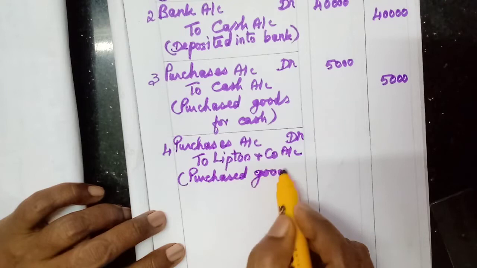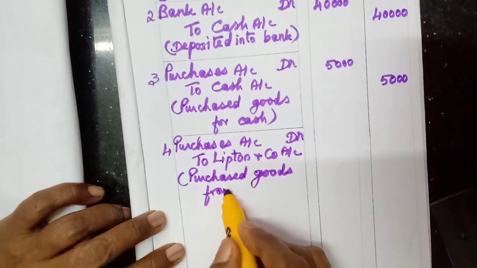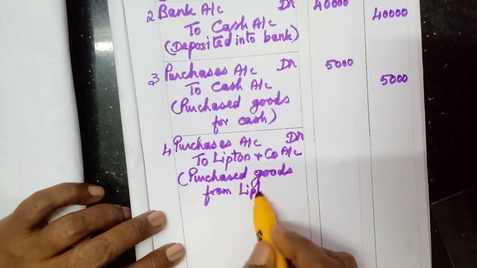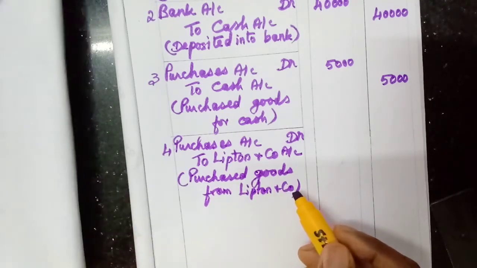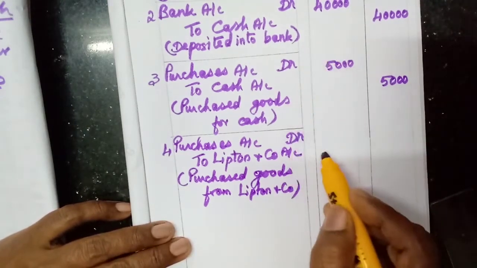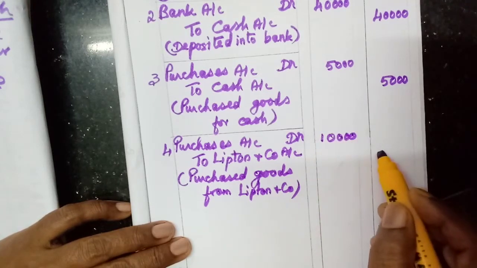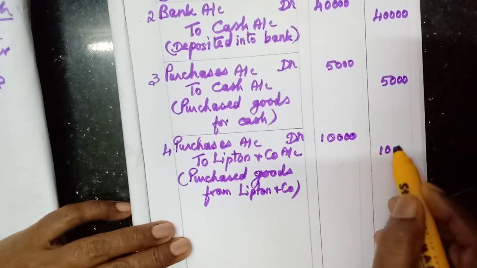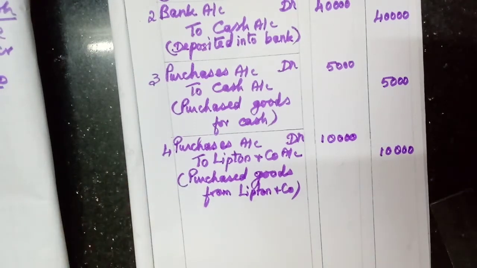Purchased goods from or purchased goods on credit. You can write whatever it is. But the meaning should not be changed. Amount is 10,000. So below 4. Here 10,000. Okay. Now you draw with pencil.